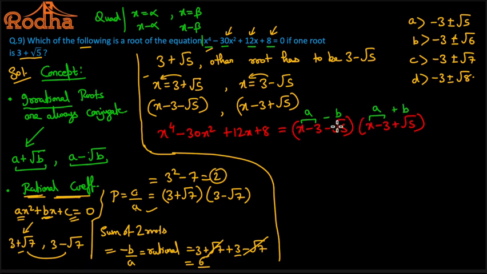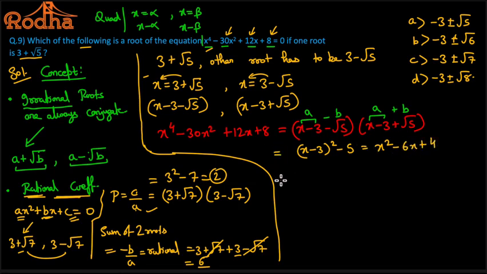So it will come in a square minus b square form. So in a square minus b square form, what I can write is x minus 3 whole square minus 5, right? And this will be equal to how much? x square plus 9 minus 6x minus 5, which is x square minus 6x plus 4.